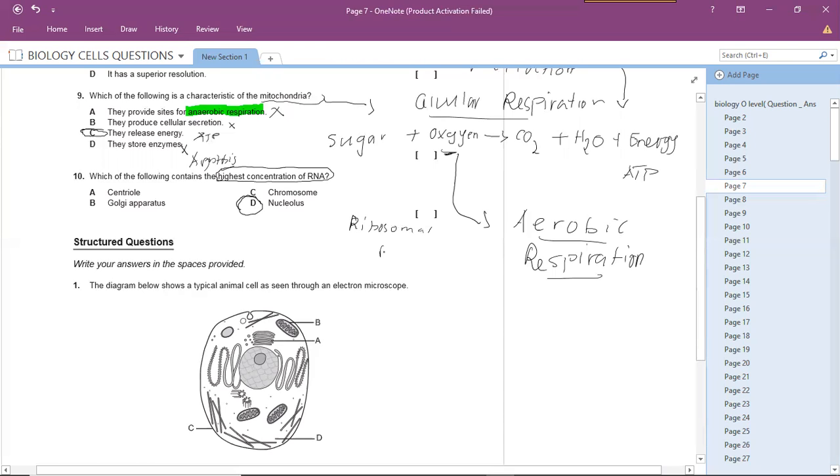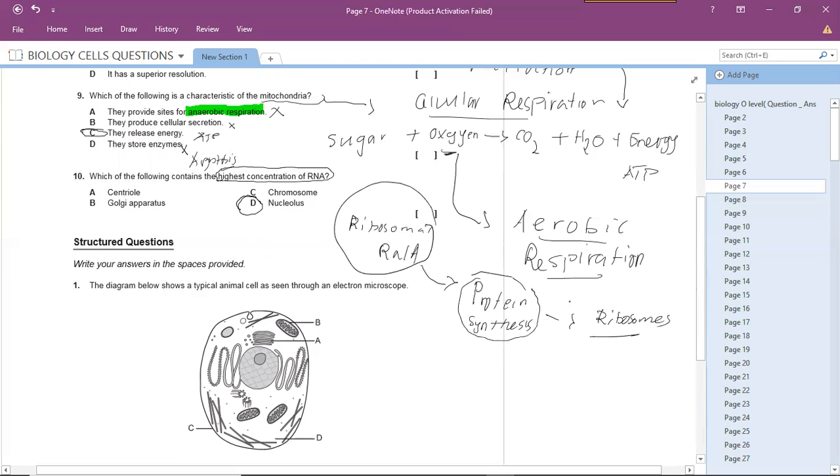This RNA will be used in the process of protein synthesis, making proteins inside the ribosomes. So this RNA is called ribosomal RNA.